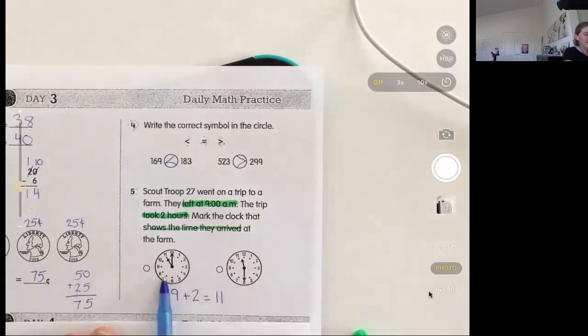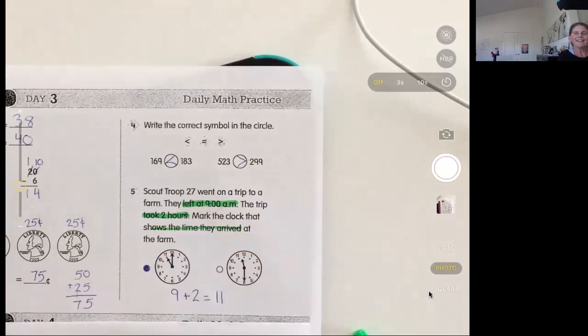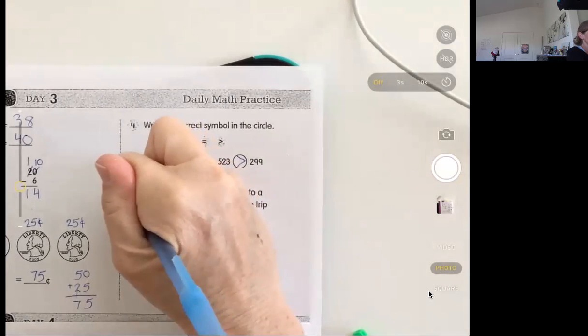Now I have to locate the clock that says 11 o'clock. I know when a big hand points to the 12, it says o'clock. The hour hand is pointing right at the 11. This one is not at o'clock, so I don't want that one. I'm going to nicely fill in the bubble for 11 o'clock. And there it is. Give yourself a mark for number 5.